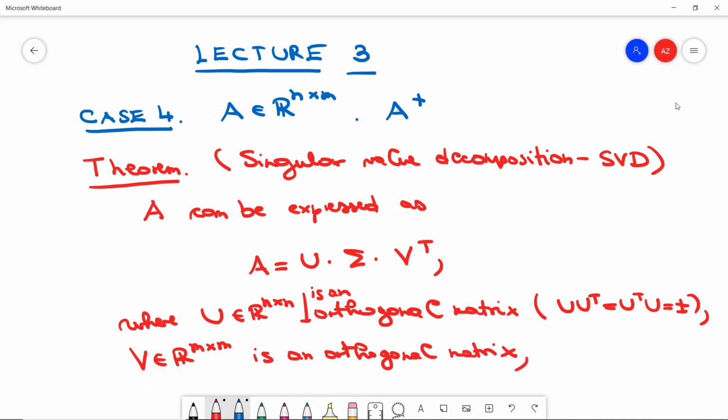And sigma is a diagonal matrix. Sigma is of the same size as A, so n times m, and it is a diagonal matrix.